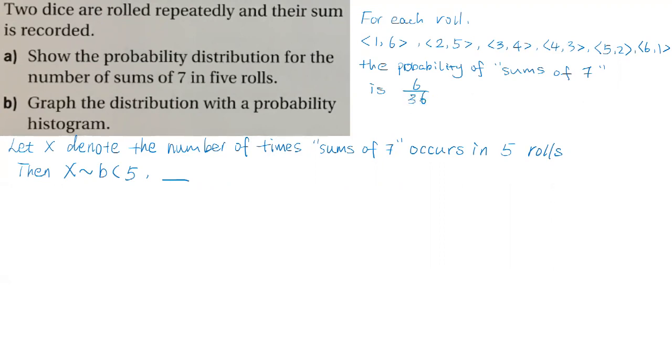Because with 2 dice, there are 36 sample points in the sample space, which is 1 over 6. So the second parameter here is actually 1 over 6.